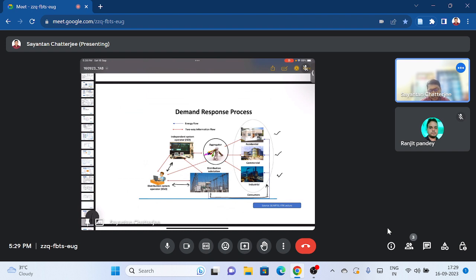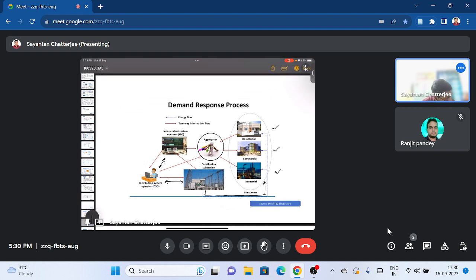So if they transfer the information, and based on that, IoT enabled devices can be placed on the distribution side, so that they can defer the present operating scenarios of the system. So this demand response program, like this is the aggregator side. So this is mainly the overview of the demand response program.